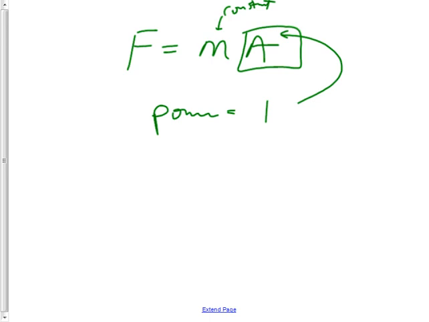Now, I probably actually did this one incorrectly, science-wise, because I was just realizing that A is acceleration, which I think is actually the constant. So if acceleration was truly the constant, that would make this the variable, which would mean that the power is still 1 because it also has a 1 on it.